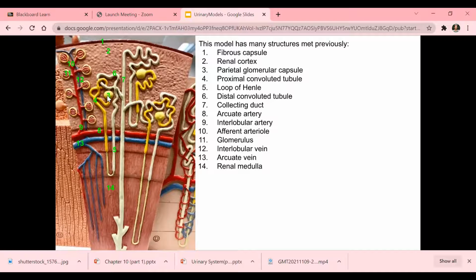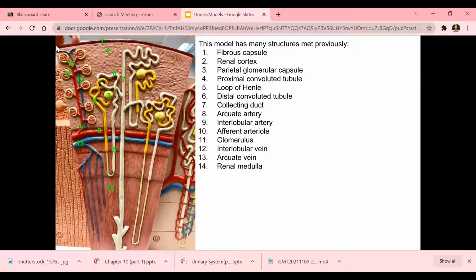In this picture, you can see the renal corpuscle. You have proximal convoluted tubule, descending limb, loop of Henle, ascending, and distal convoluted and then collecting duct. Some of your nephron are shorter, they are cortical for making normal urine. Some of them are longer, they are juxtamedullary, and they make concentrated urine.